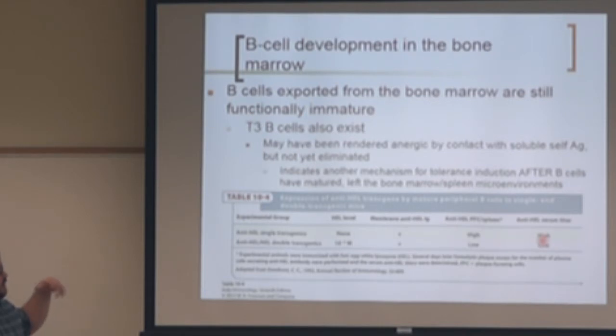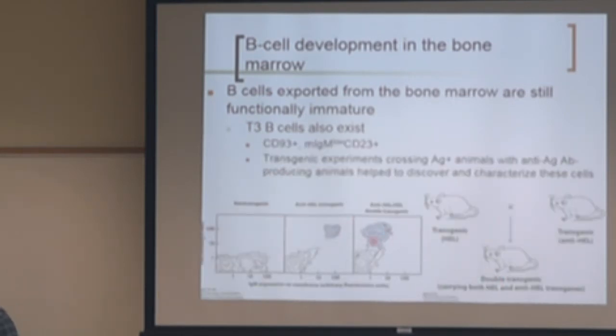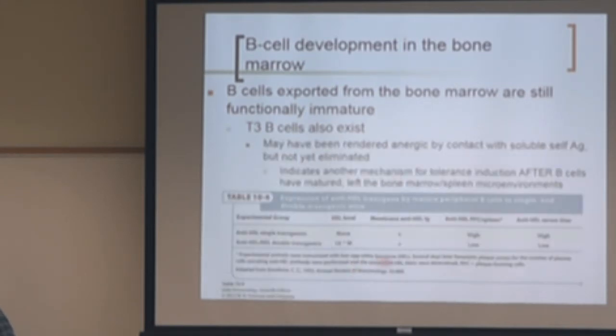But these T3 or anergic cells, when they see antigen, can bind to antigen, because we just saw they can. But when they bind, you don't get any IgG made, and you don't find antibody in the serum that's specific for the antigen.